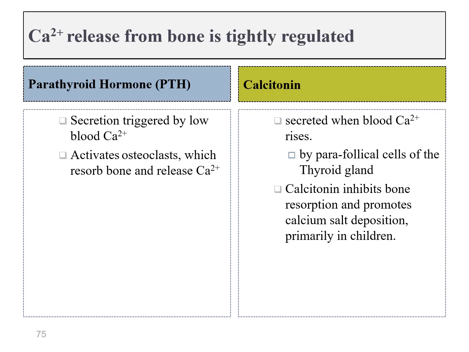So, my blood calcium levels are tightly regulated by two negative feedback loops. Parathyroid hormone makes sure that my blood calcium levels are always adequate. Calcitonin ensures that my blood calcium levels are never too high.